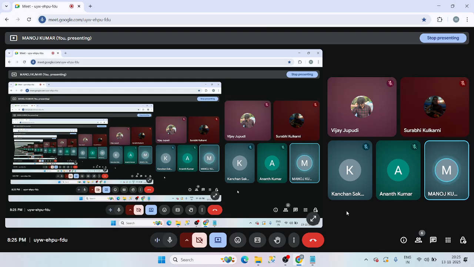Under agile methodology, we are having different types of frameworks. In those frameworks, we mainly have Scrum, Kanban, XP, Lean, and some other frameworks.